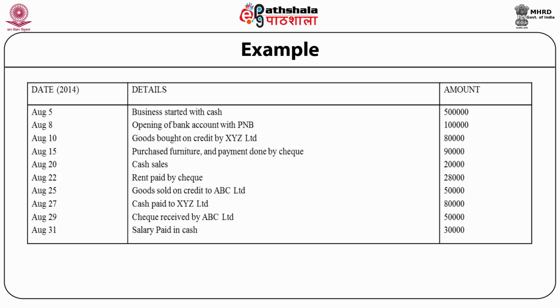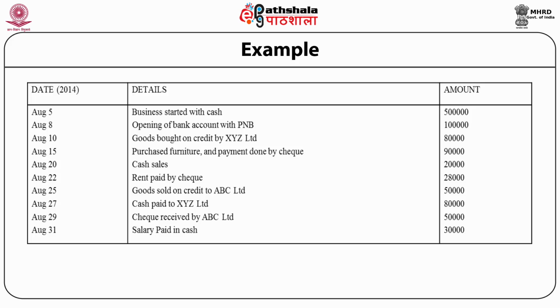August 10, purchases account debit rupees 80,000 to XYZ Limited rupees 80,000. Summary: goods bought on credit. August 15, office furniture account debit 90,000 to bank account rupees 90,000. Summary: office furniture purchased.